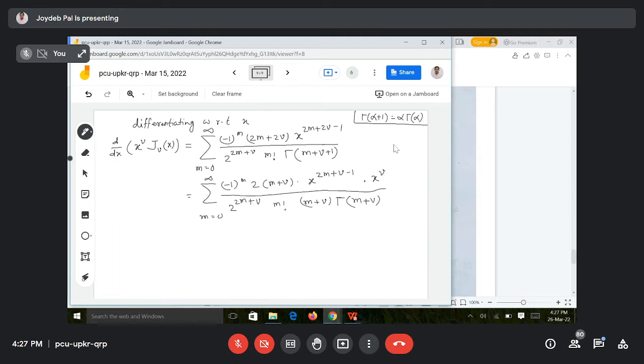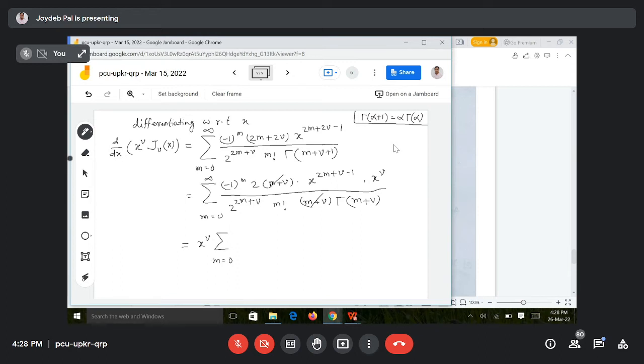Now see, this cancelled out, and if you move that 2 in the numerator to the denominator, to this 2 to the power, then it will be 2 to the power 2m plus nu minus 1. Can I write this? And I am also bringing that x to the power nu outside the summation because it is independent of m. So I can bring it outside of this summation.